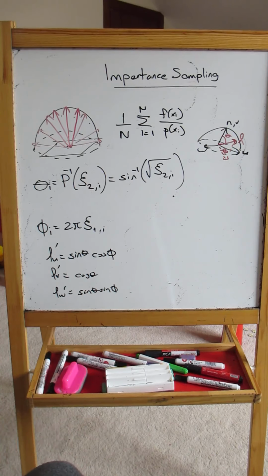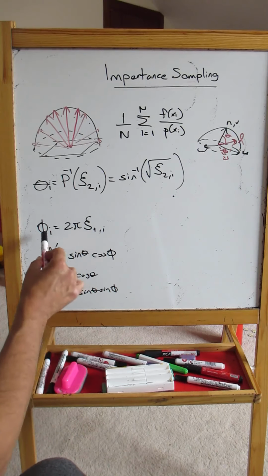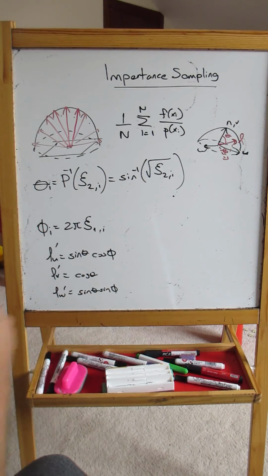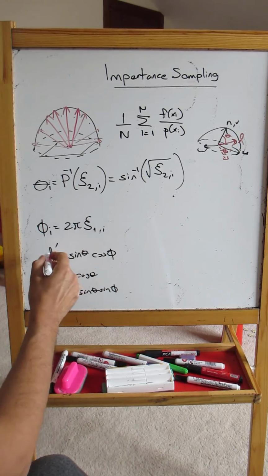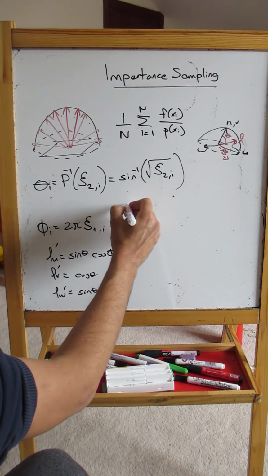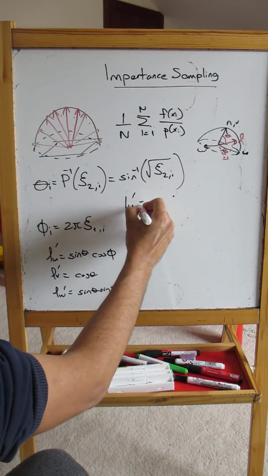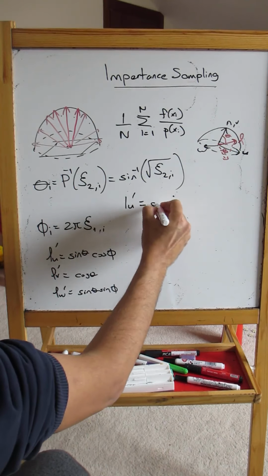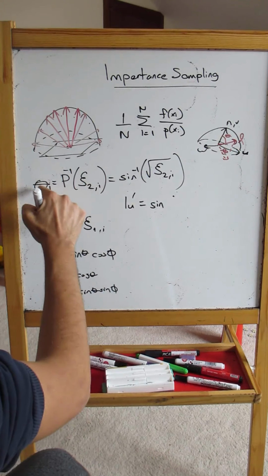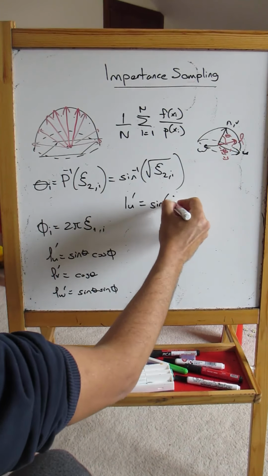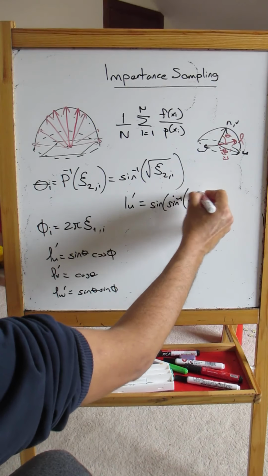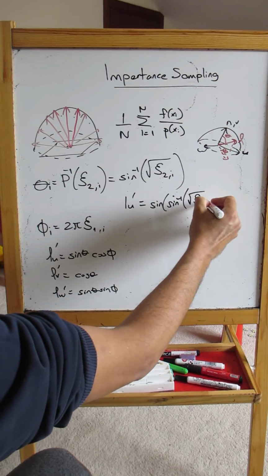Okay? Now, here we have these things. So if you plug this in, your LU prime is going to be sin theta. Okay, and this is theta, right? So sin inverse of the square root of psi 2i.